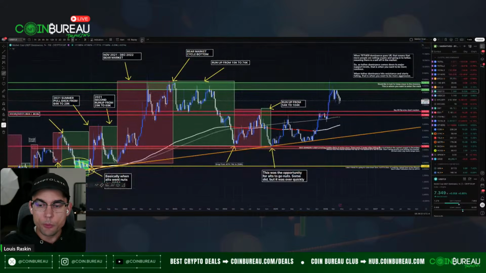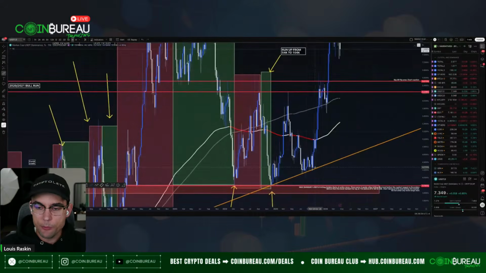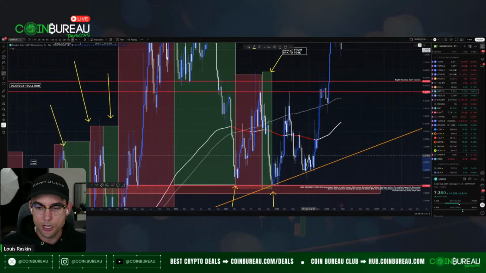So when we weren't having it in September, and then we had the bullish market structure break, the higher high, higher low on USDT dominance at this line, it was looking like this line was not going to be broken, and we weren't going to have that crazy blow off top or crazy bull market at that time. That gave me a lot of reasons to be super cautious around September of 2025.